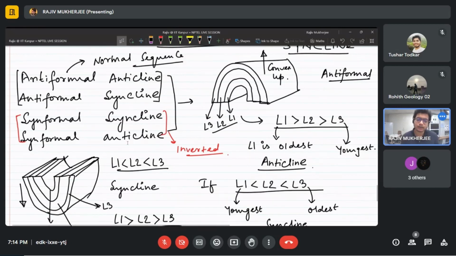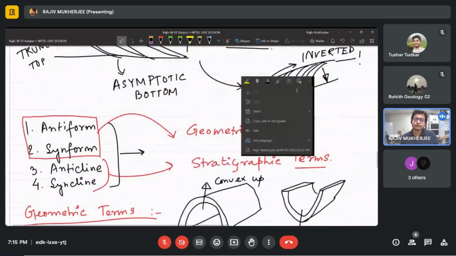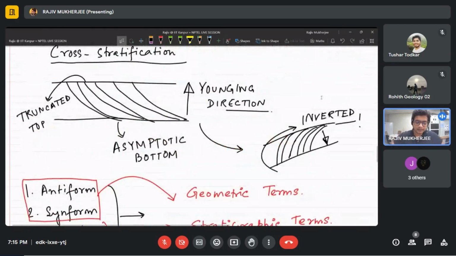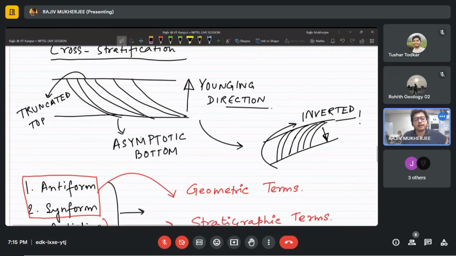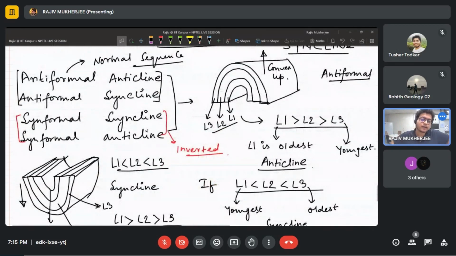So therefore, the importance of having these kinds of inverted sedimentary structures, where you should find the asymptotic bottom at the top and the truncated top at the bottom, it is only possible when you are observing either an antiformal syncline or synformal anticline, right?